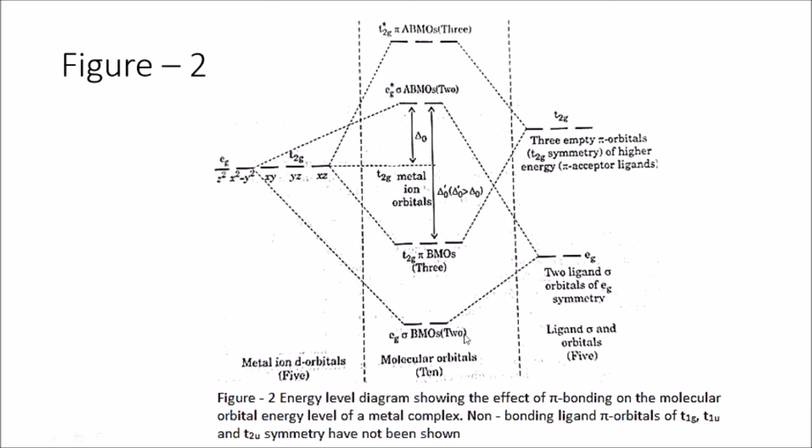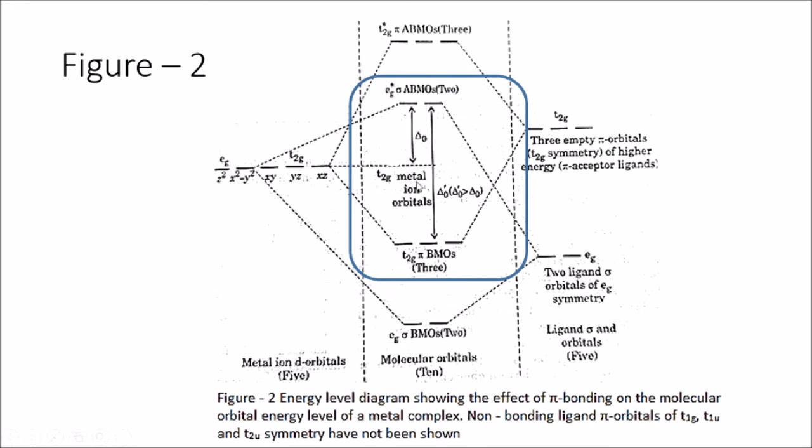This is figure 2, and figure 2 also indicates the effect of pi bonding on the MOED of a complex, and here also the non-bonding pi orbitals of T1G, T1U and T2U symmetry have not been shown. Here you can see the splitting energy is like this.